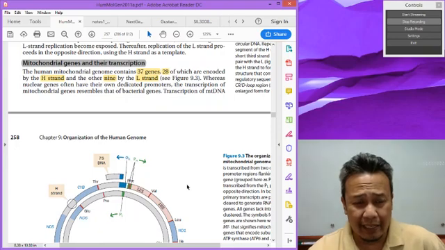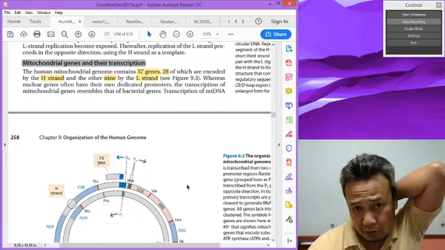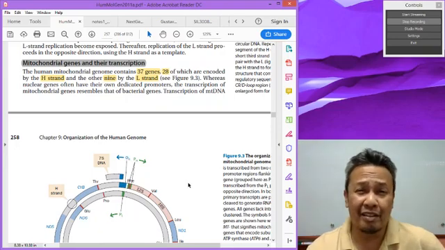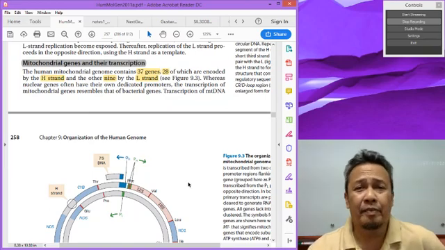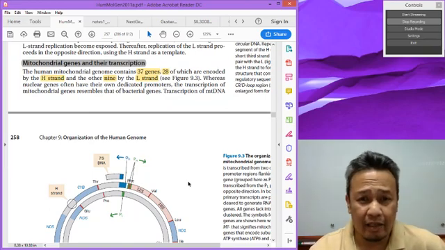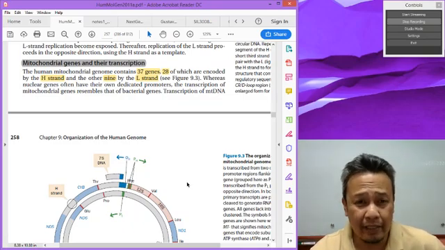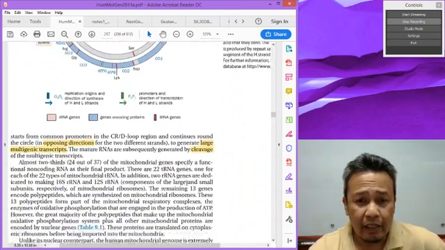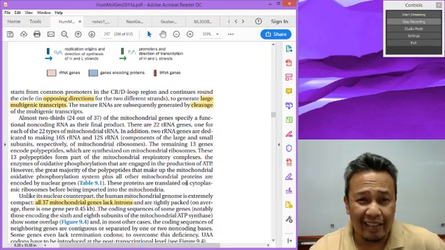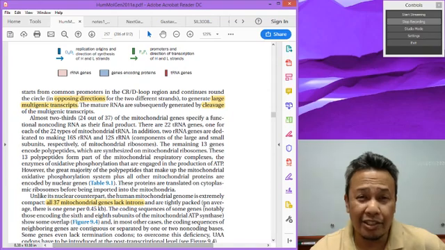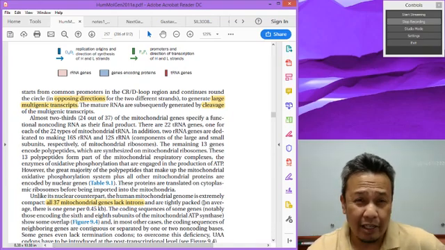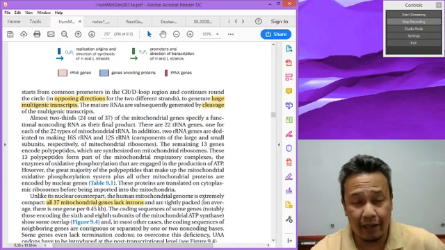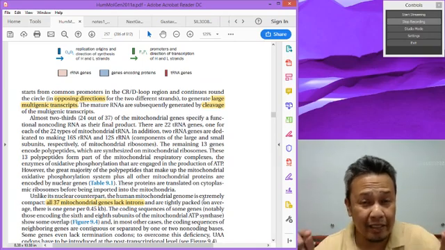The next subsection talks about the mitochondrial genes and the transcription. There are 37 genes altogether, and 28 of them are on the heavy strand, and 9 of them on the lighter strand. There's a concept of multigenic transcript. If you remember operons, you know how they are transcribed into one piece.